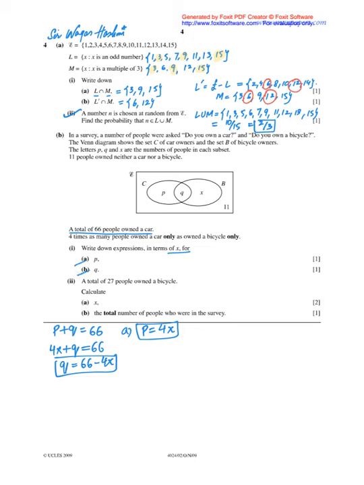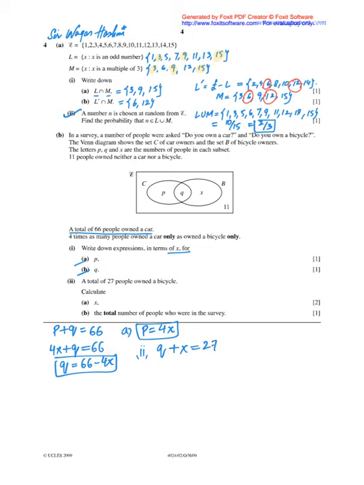All right, after that, in part 2, it says that a total of 27 people own a bicycle. If I highlight the region here, the 27 people are basically this region, right? Q and X are the people who own a bicycle. So it will be Q plus X equals 27.